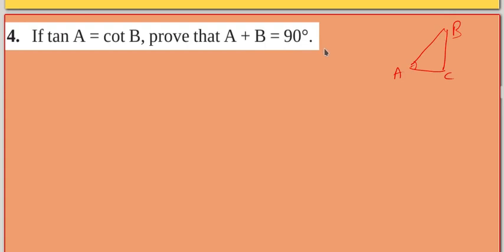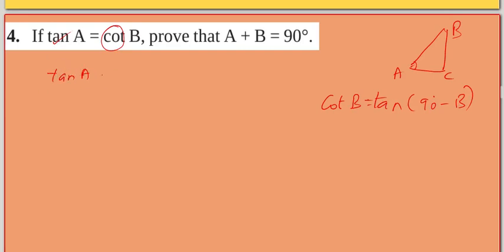Okay. Cot B, how can we write in terms of tan? Both are different functions. This is in terms of tan. Let me bring this also in terms of tan itself. So cot B, shall we write tan of 90 minus B. So cot B is nothing but tan of 90 minus B. Now, what is given here?